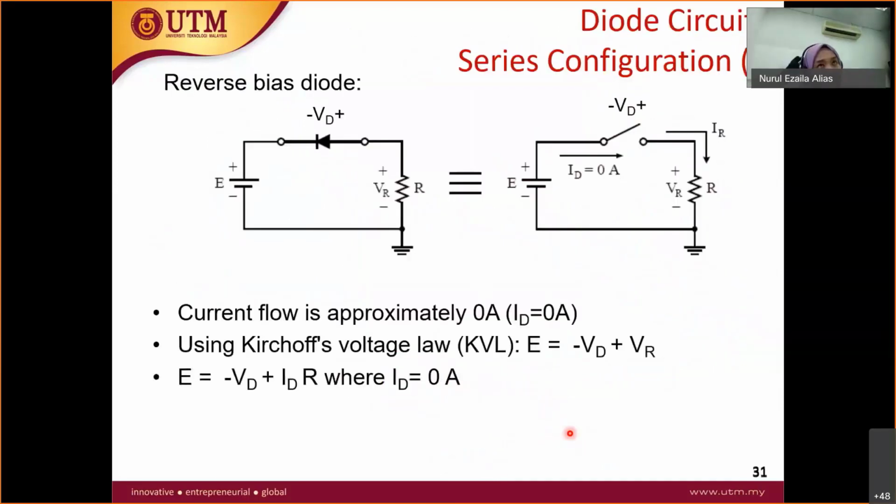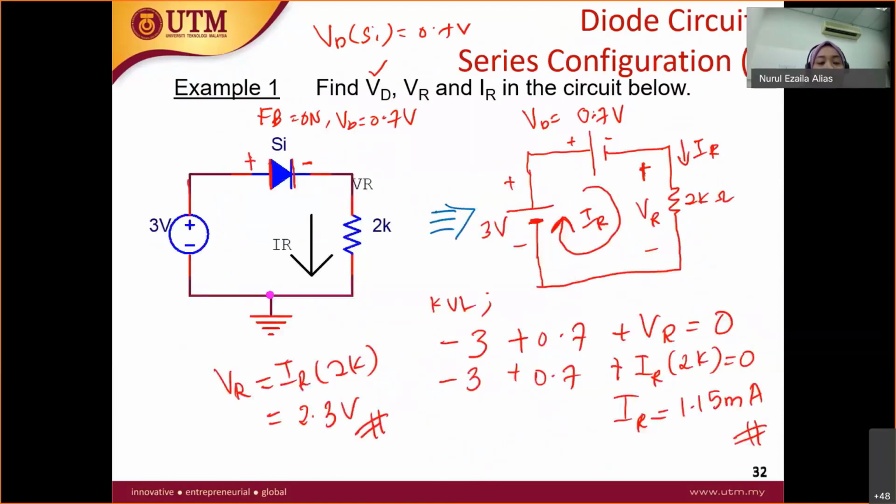So this is a reverse bias diode, and I have explained it now. We have also seen the example on the forward bias diode. For example, they didn't mention whether this is reverse or forward bias, but you have to define it yourself. This is forward bias, just as I explained in the previous slide, and there is a voltage drop.